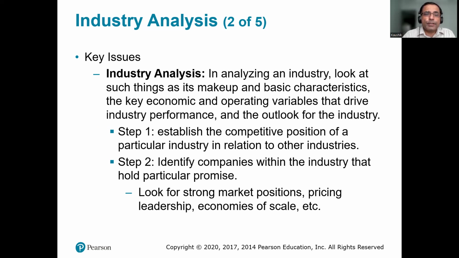So in this case, we consider different economic variables, different business related variables, and try to find the competitive position of an industry with respect to other industries, and also try to identify promising companies within a focus industry.